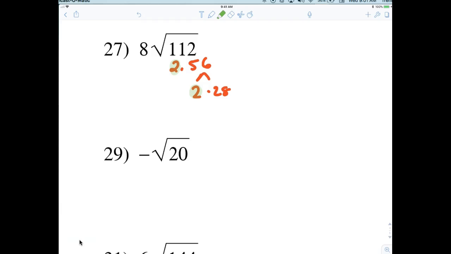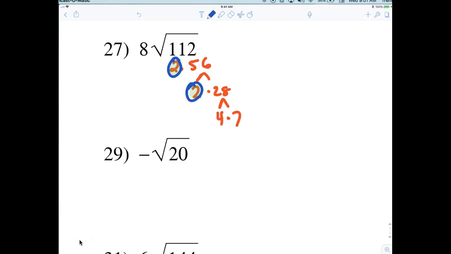Now, 28 can be 4 times 7. When you break it down, those two 2's come out as a single 2, correct? Because 2 times 2 is 4, and the square root of 4 is 2. So you're always pulling things out in groups of 2.